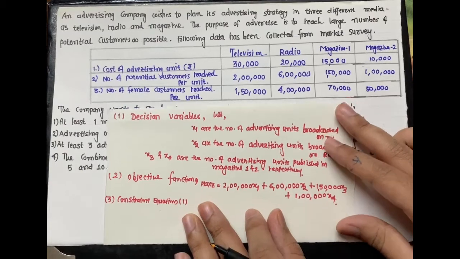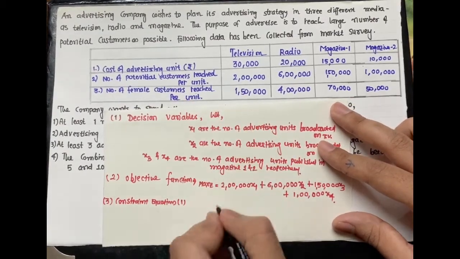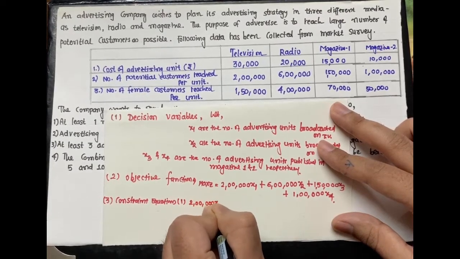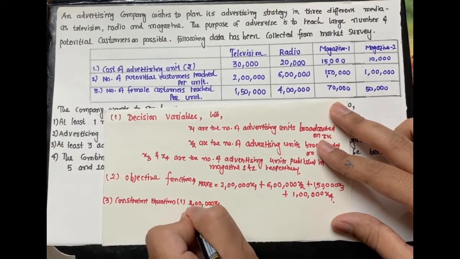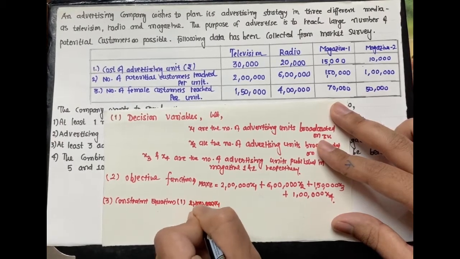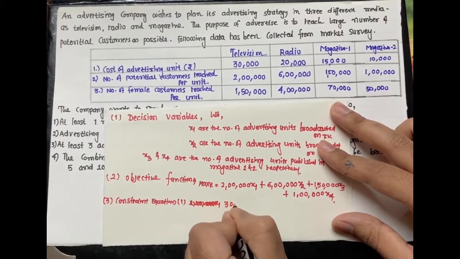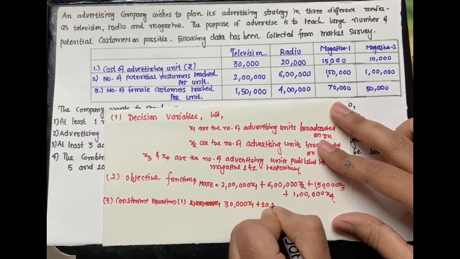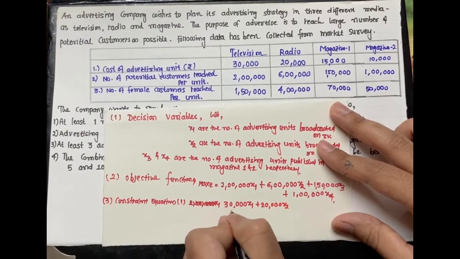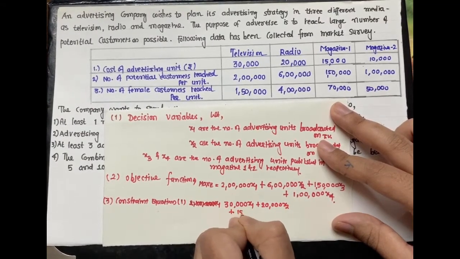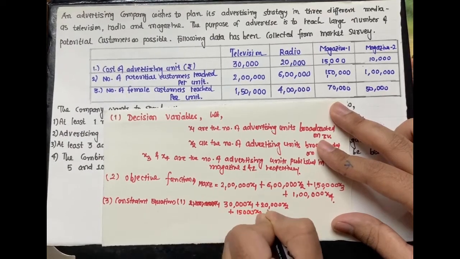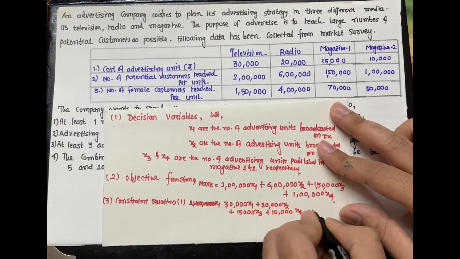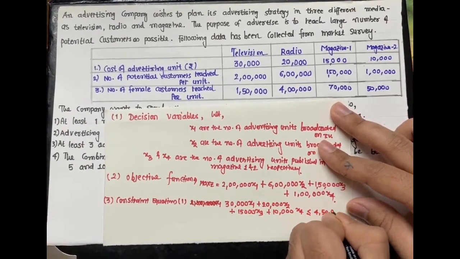So the very first constraint equation is related to this total cost. It is the cost, so pardon, that is 30,000 x1 plus 20,000 x2 plus 15,000 x3 plus 10,000 x4 is less than or equal to 4,50,000.